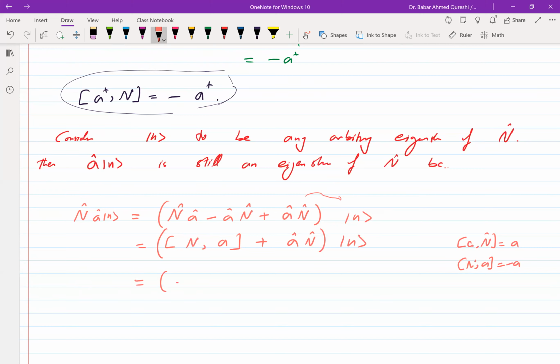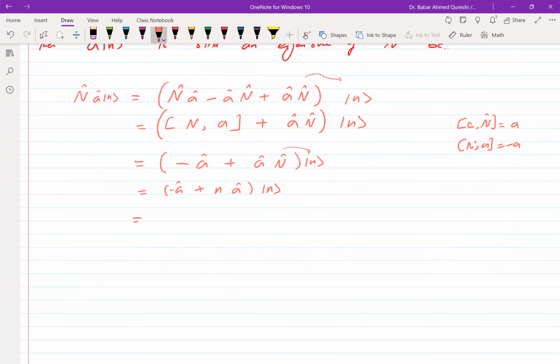So this gives me minus A hat plus A hat n hat acting on n. When this acts on it, it picks up a number n. So this is equal to n minus 1 times A hat on n.